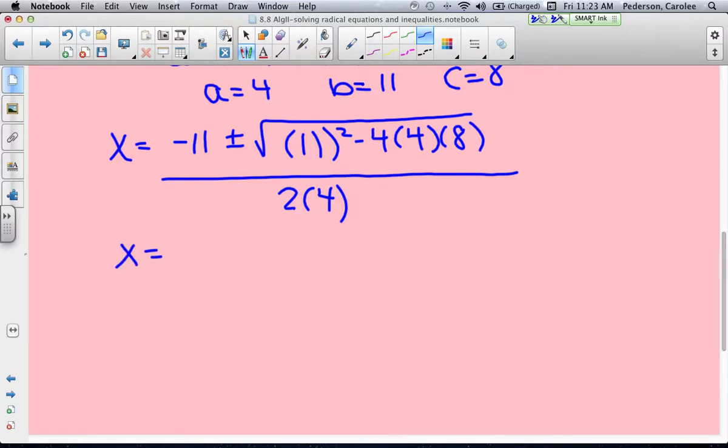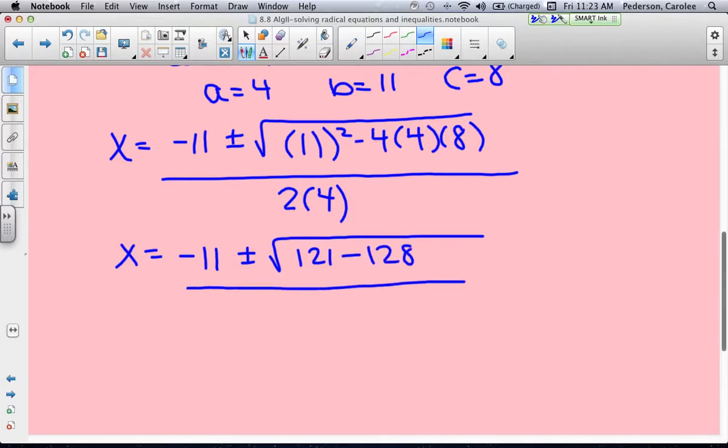So x equals negative 11 plus or minus, and then 11 times 11 is 121. And then negative 4 times 4 times 8 is 128. And then 2 times 4 is 8.